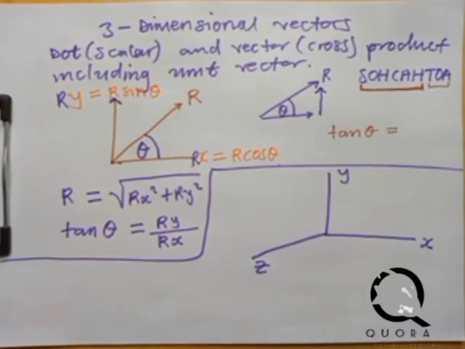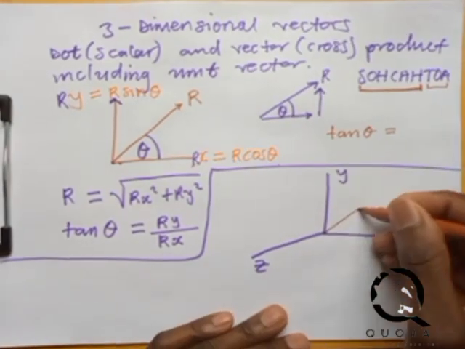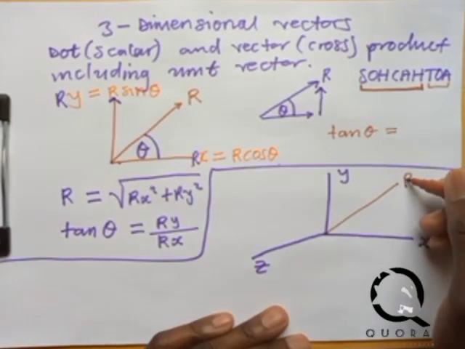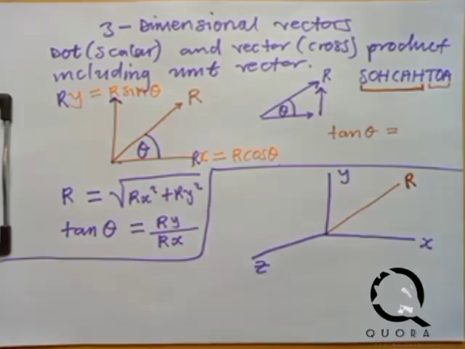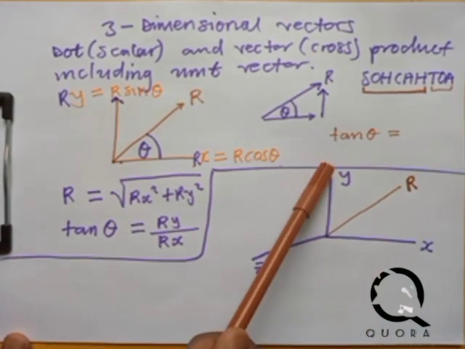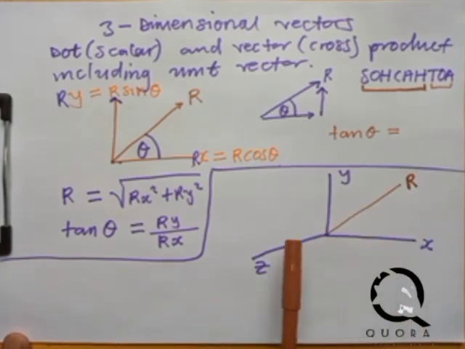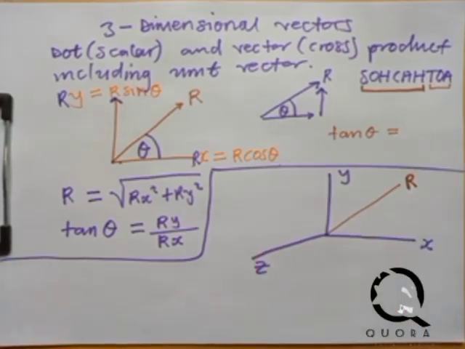So my resultant can lie in this given path r. Since this is my resultant, it must have all three components: the y component, the x component, including the z component.